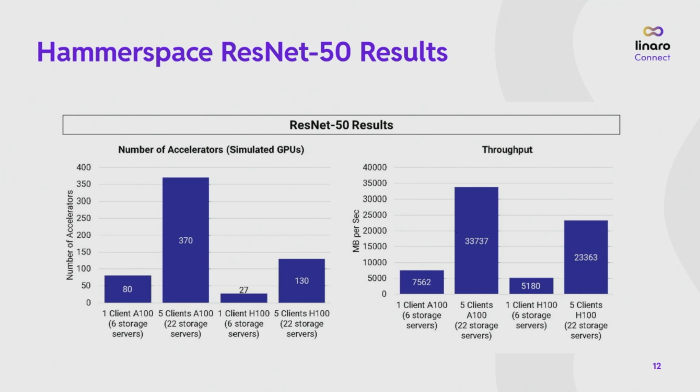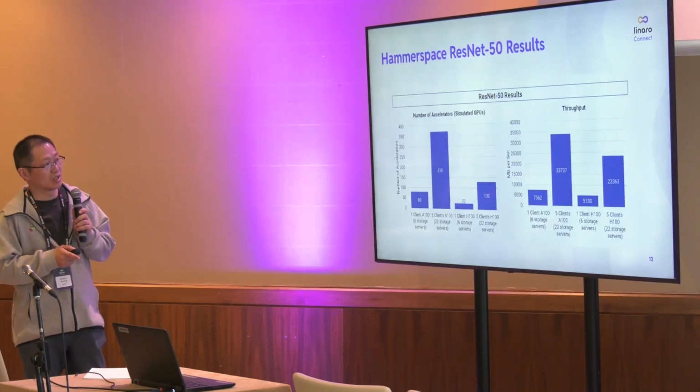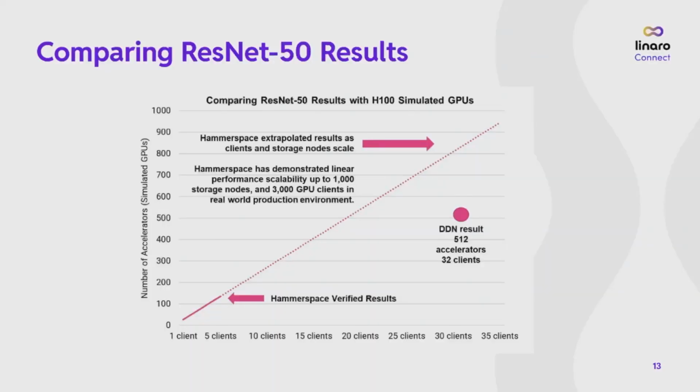If we move to the throughput, we can see that the throughput scale is improved, and this is the figure that is better to understand.